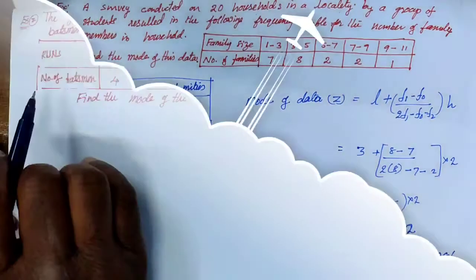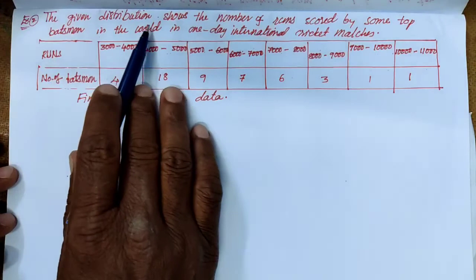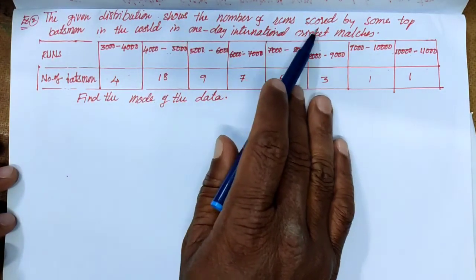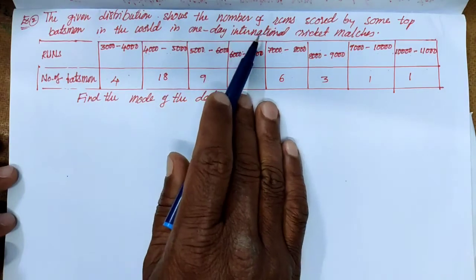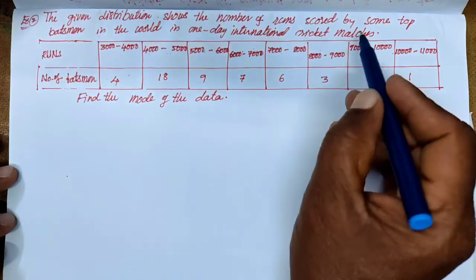Take another example. The given distribution shows the number of runs scored by some top batsmen in the world in one-day international cricket matches.